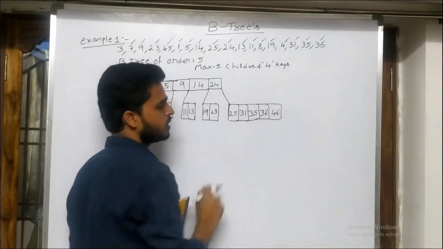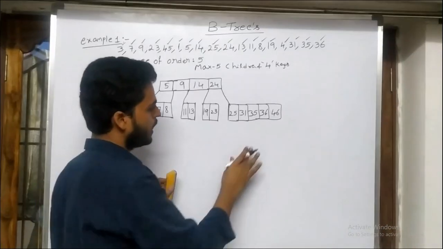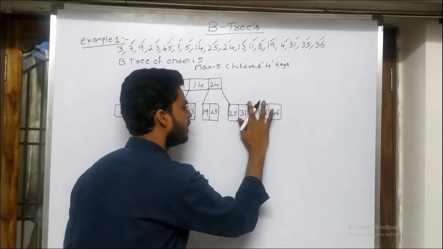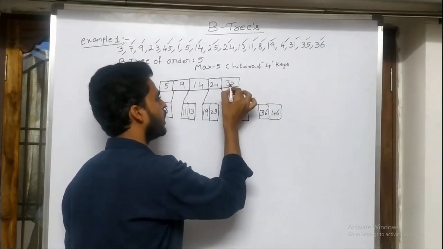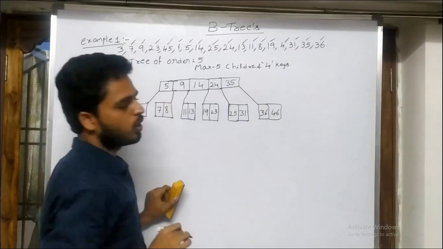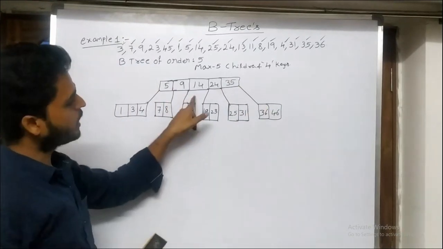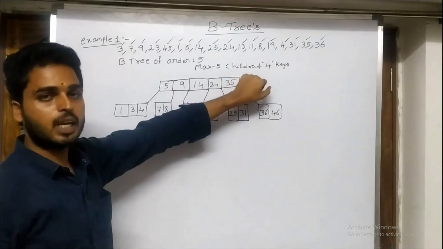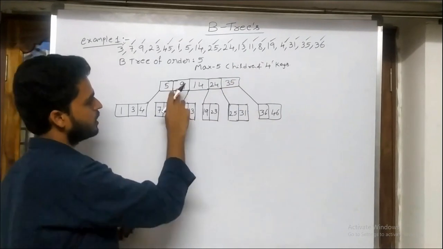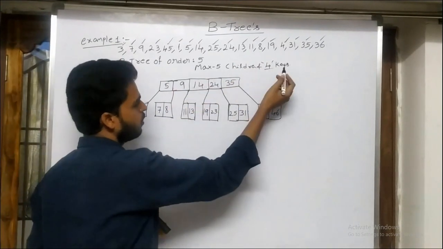But after inserting this one, it is violating the property. When it is violating the property, we need to pick up the middle element and I need to make it as a root element. Right? But once I make it as root element, again I need to check whether it is satisfying or not. Is it satisfying? No, it is not satisfying because it is having 5 keys, but we need to have maximum 4 keys.